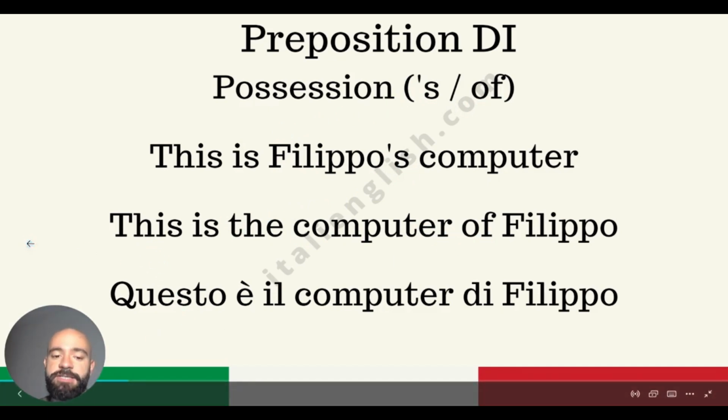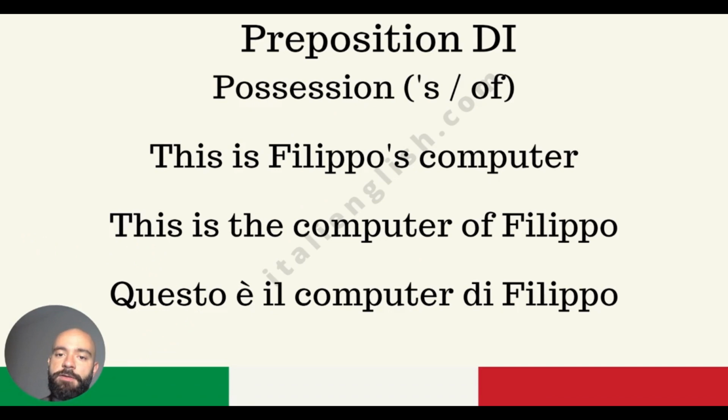You will receive soon access to the video about this and that, or maybe you could have already gotten access to that video. Depends on your schedule, let's say. But this is questo, and then computer is masculine. That's why the article is il, at third person is the verb to be, and di Filippo, of Filippo. Okay.